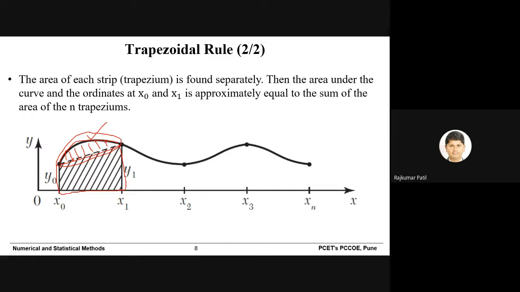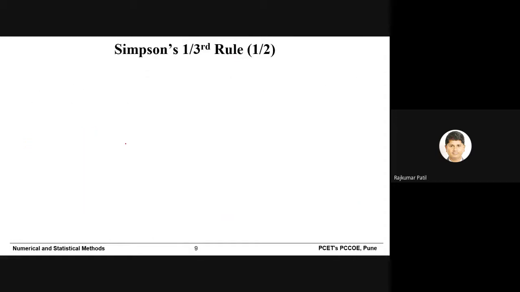That error will be there with the trapezoidal rule, and that's why, in order to minimize that error, we take the value of h as small as possible, meaning we divide the total area into very small segments so that the total error will be minimum. This part we already discussed yesterday.